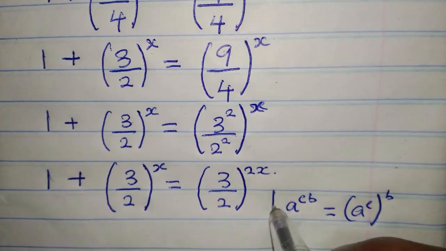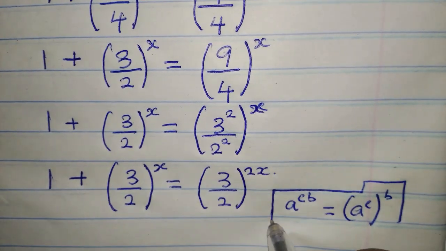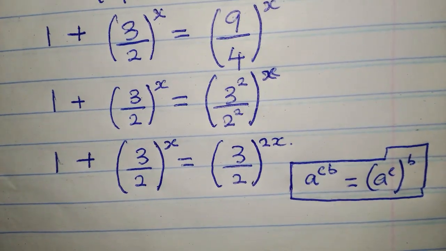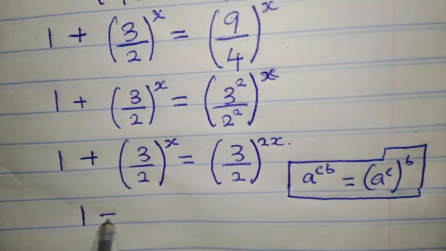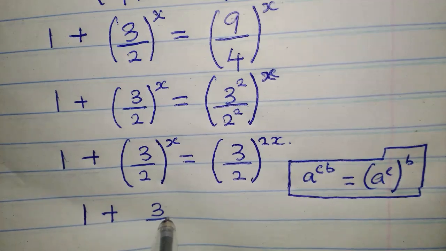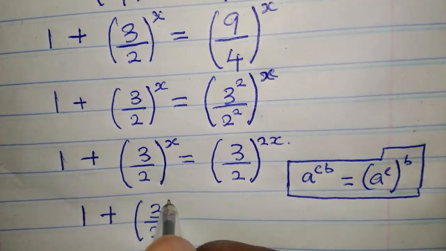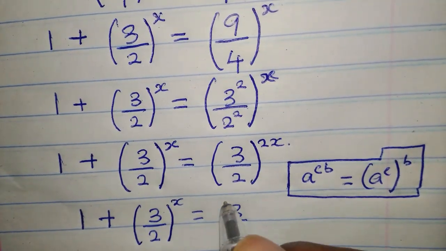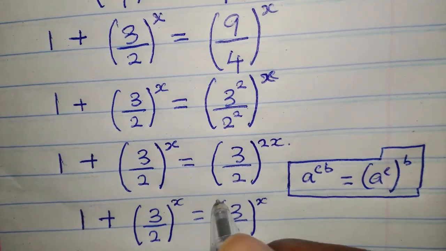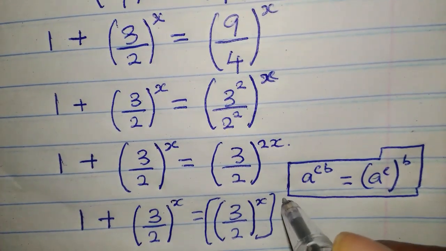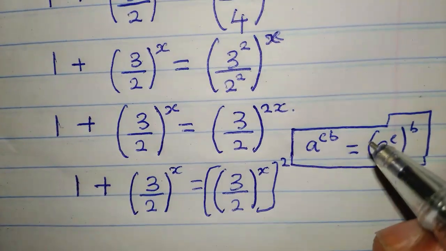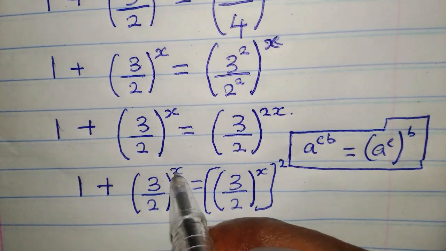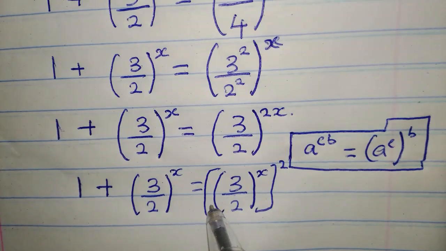So if we put this through, at this part we simply have 1 plus (3 divided by 2) all to the power of x equals ((3 divided by 2) to the power of x) all to the power of 2. So this is what we are now having. From here we can see we have (3 divided by 2) to the power of x, and we have the same thing here.